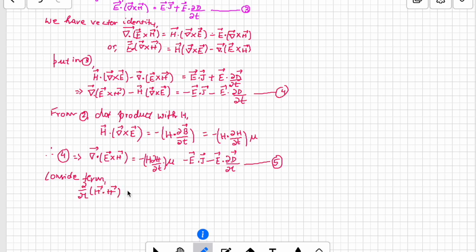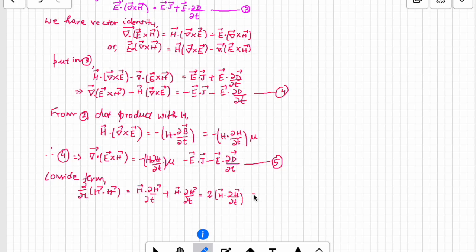Now both are H, but if you go by the product rule of differentiation, I can take it as H bar dot del H bar by del t plus the second term, which is again H bar dot del H bar by del t. So this is nothing but twice the same term, twice of H bar dot del H bar by del t.